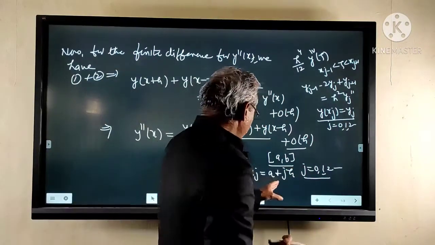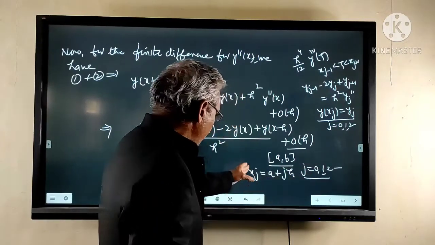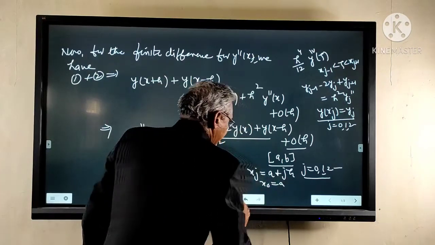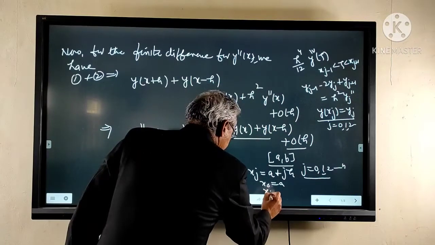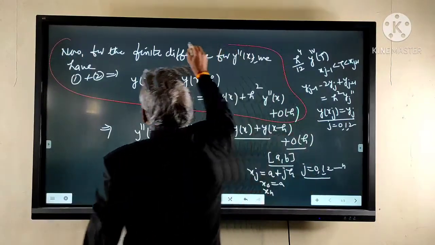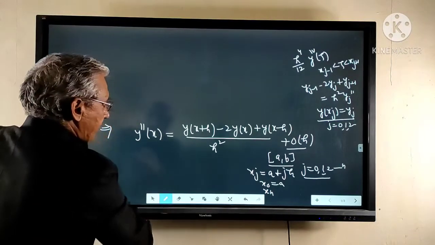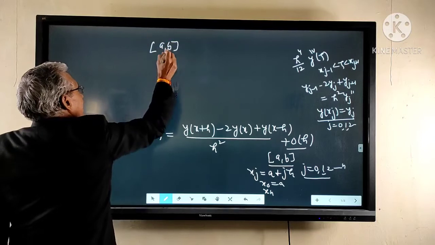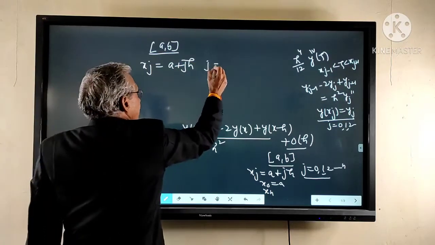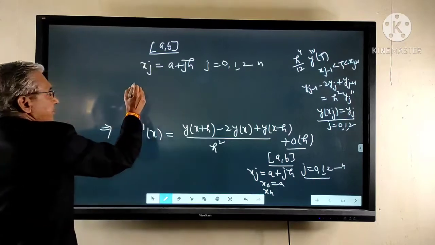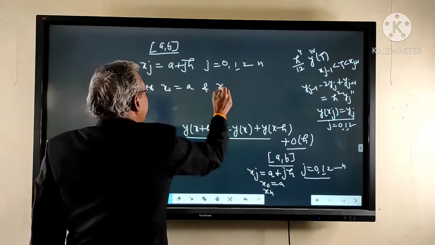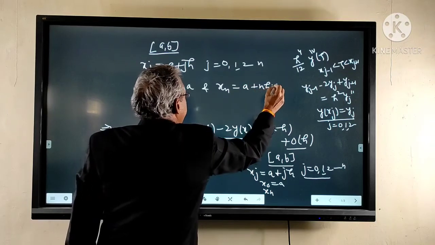When j equals 0, we have x_0 = a, and when j equals 1, x_1 = a + h, with x_0 = a and x_n = a + nh = b.